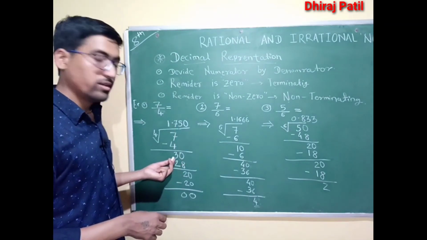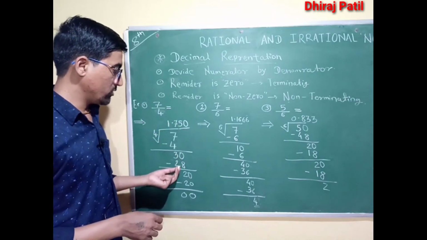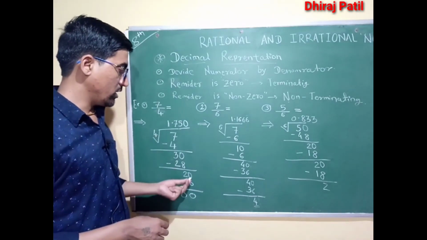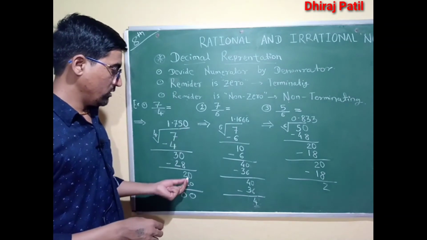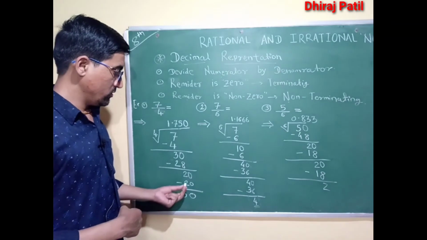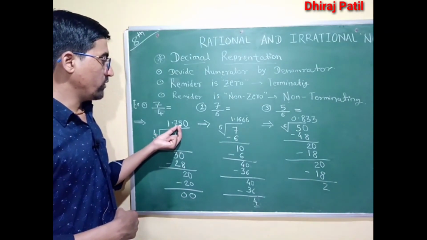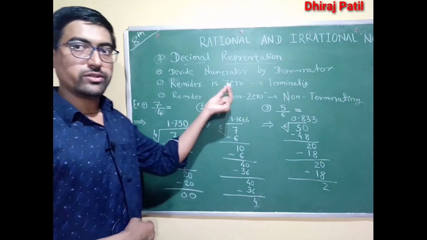It becomes 30. 4 sevens are 28. 30 minus 28, our remainder is 2. But 2 is not divisible by 4, so we take 0. 4 fives are 20. 20 minus 20 is 0. So our remainder is 0 and our answer is 1.75. This is our terminating form because the remainder is 0.